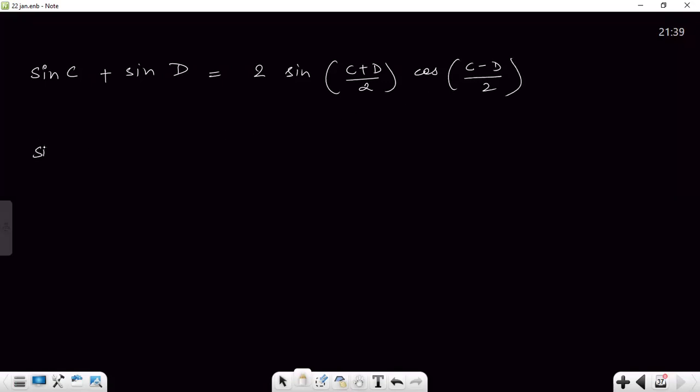If it is given as sine C minus sine D, then 2 sine (C minus D) by 2 into cos (C plus D) by 2.